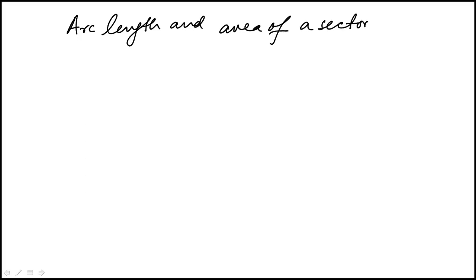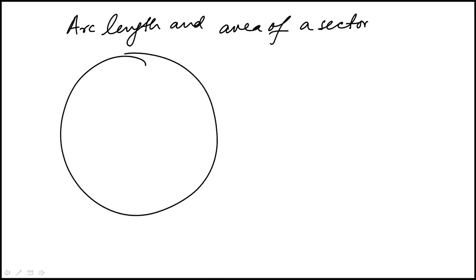The other concept has to do with arc length and area of a sector. And let's look at a general case. So we have, say, a circle with the center here, and I'm drawing the sector where this angle is 40 degrees.